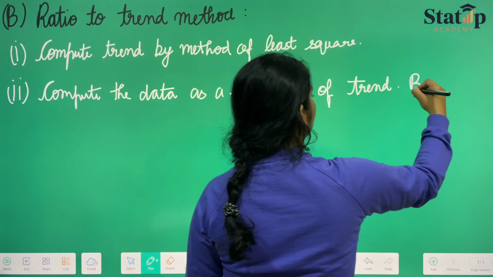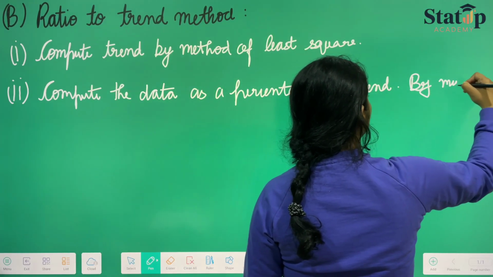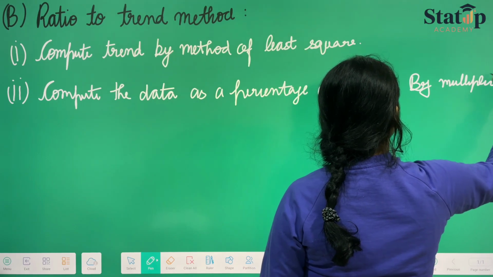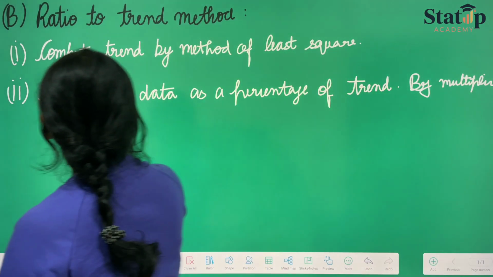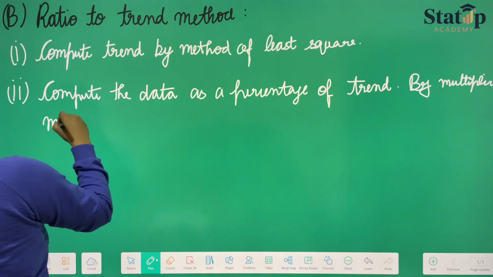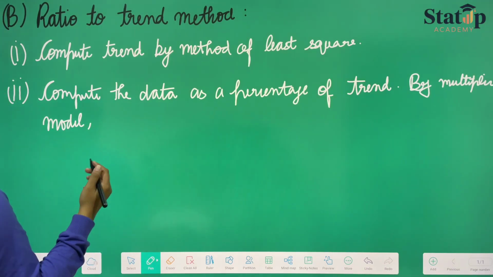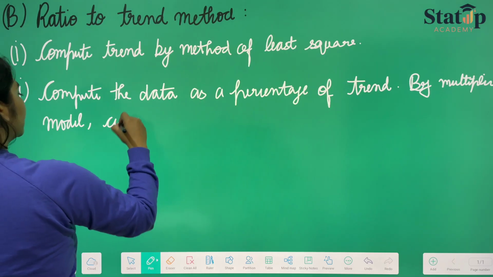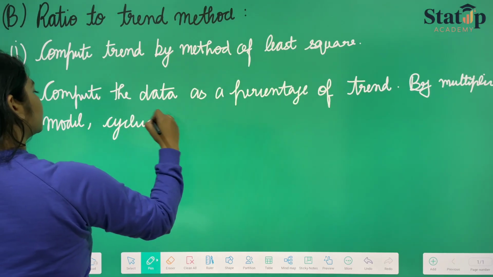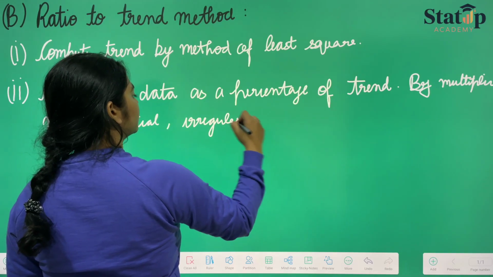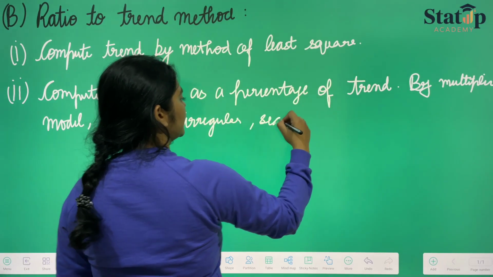So by multiplicative model, we are only left with cyclical, irregular, and seasonal components.